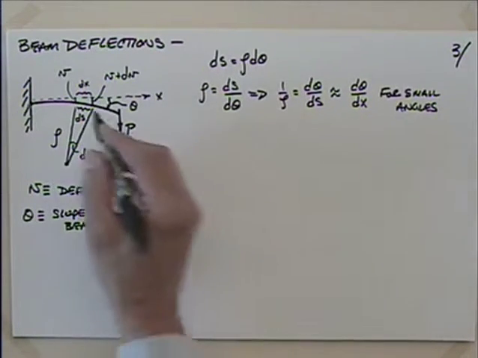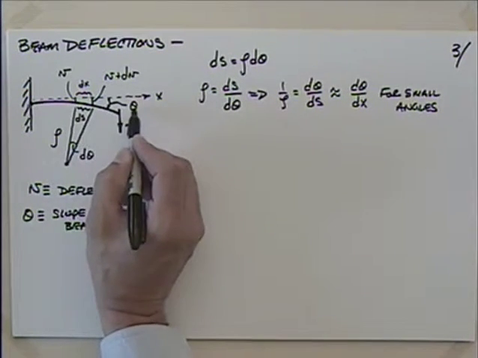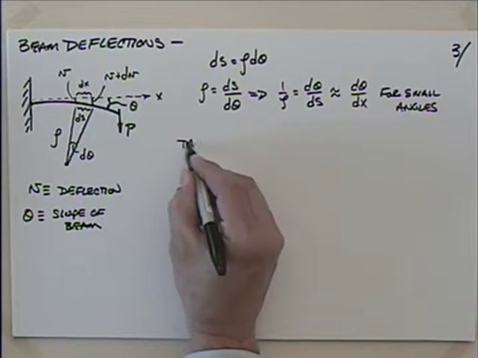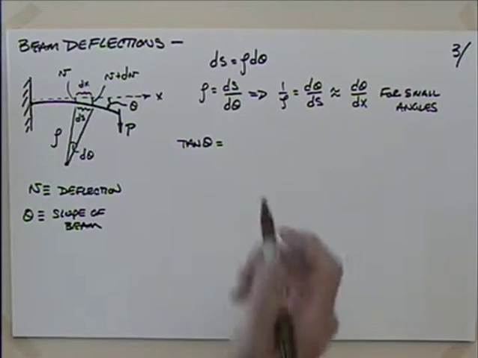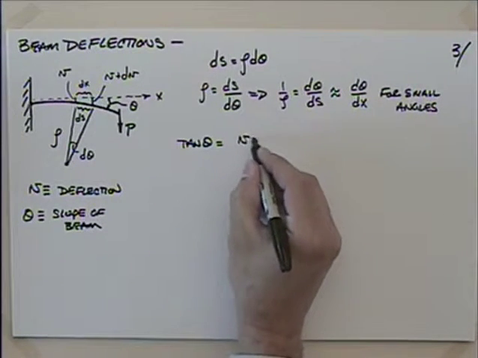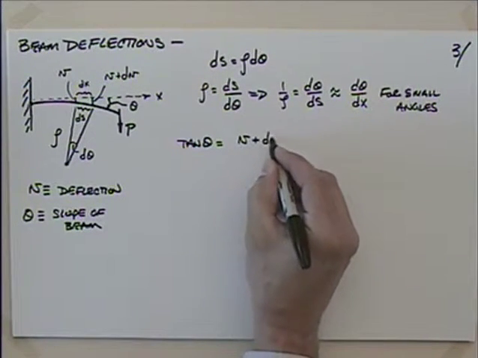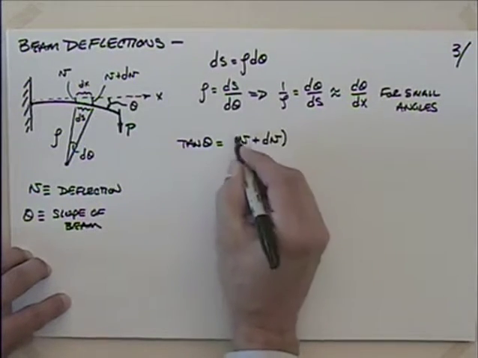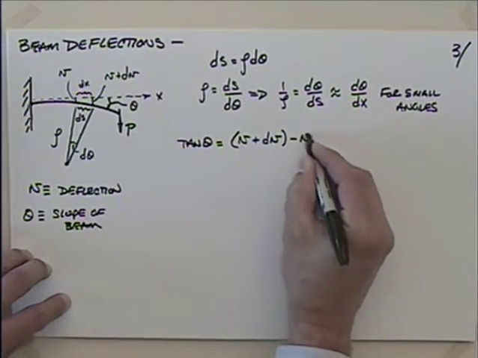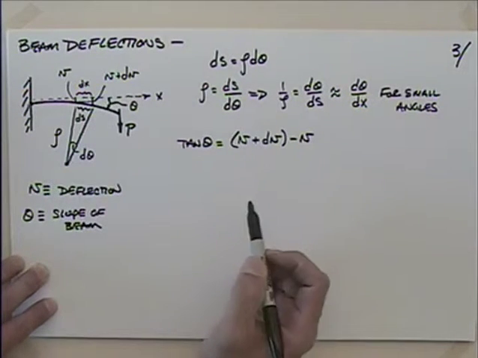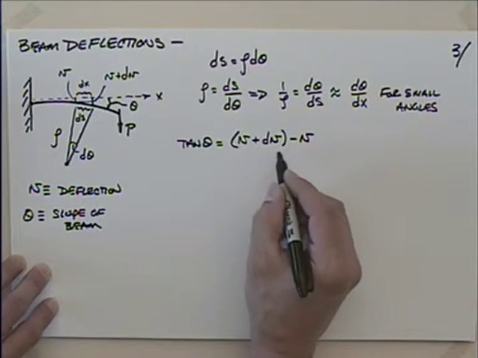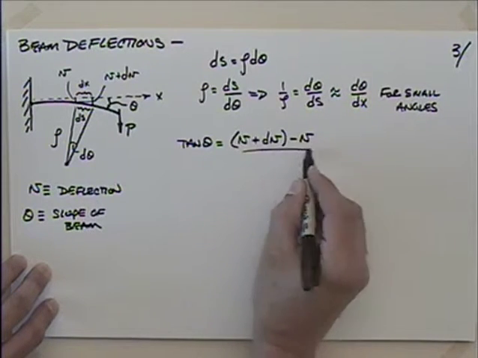Let me then talk about the tangent of theta at this particular point. So I could talk about the tangent of theta being equal to, remember the definition is opposite over adjacent, so I could just say that this was v plus delta v minus v. So that's essentially looking at this little triangle right in there. And I'm going to then divide that, so that's the opposite over the adjacent.